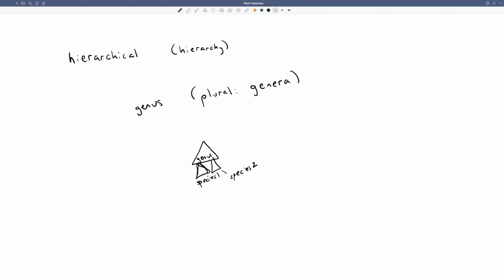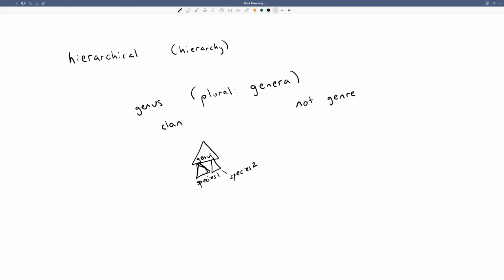The category is genus, G-E-N-U-S. Plural is genera. It's not pronounced genre or anything like that. Genre is a French word, and that's a kind of movie. What's your favorite genre? They're born out of the same root word. This goes back to Latin. Genus means basically like a clan.